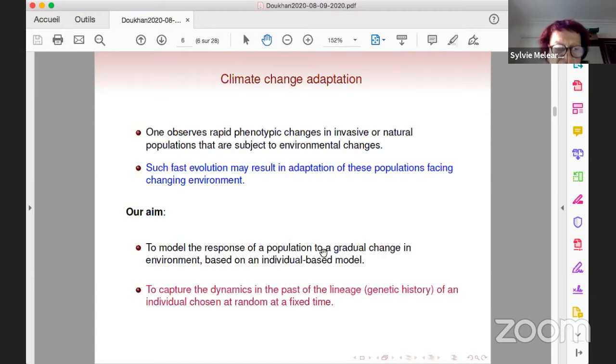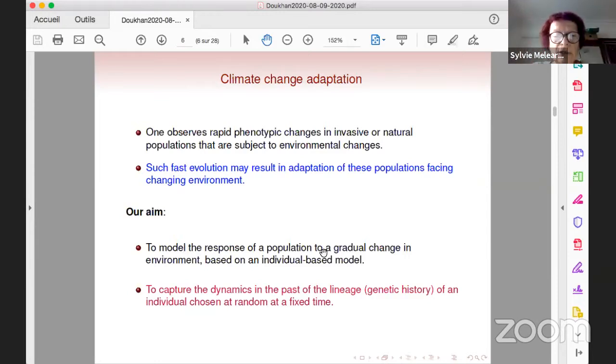We want to model that first with an individual-based, stochastic model, but as you will see, it will be related to a PDE, partial differential equation, point of view.